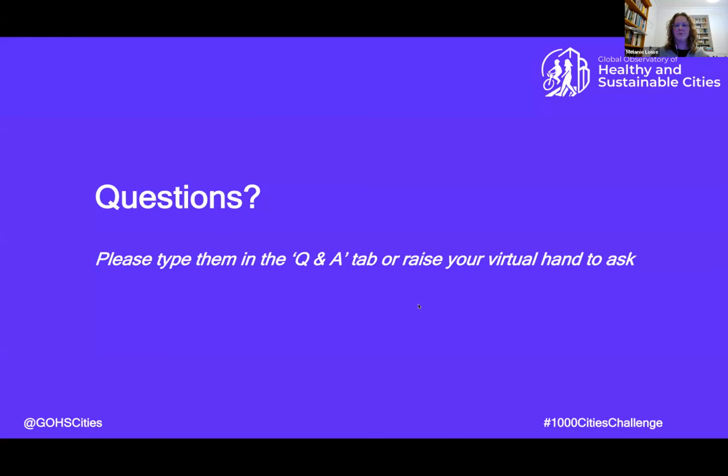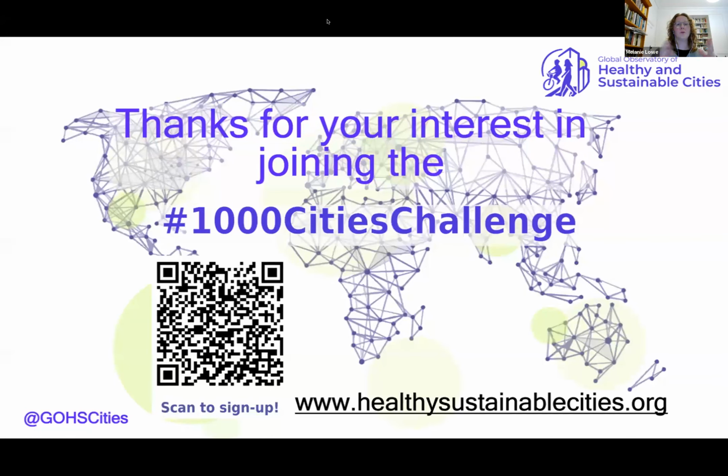Yeah, and look, the only last thing I was going to add in terms of the validation processes, you're actually correct that there's not the full details about how that will be undertaken on the website yet. And we may well, once we finalise that process, have additional training and resources uploaded to the website. But at its heart, the validation process will be you submitting the checklist to the 1,000 Cities Challenge team.